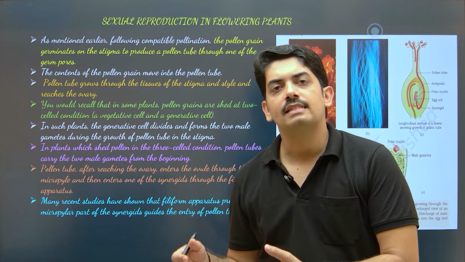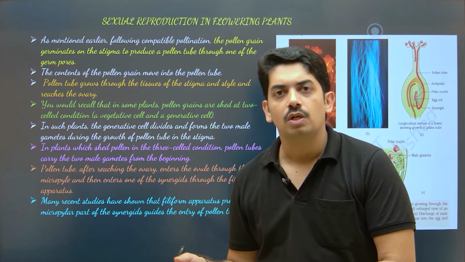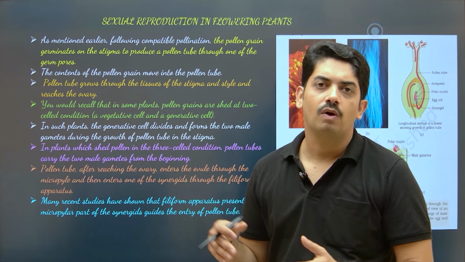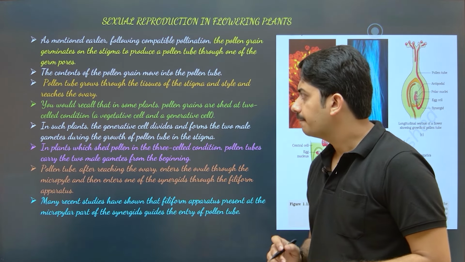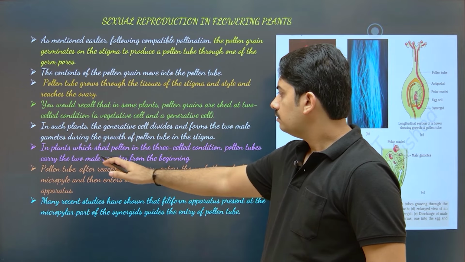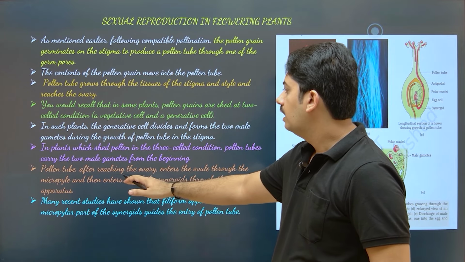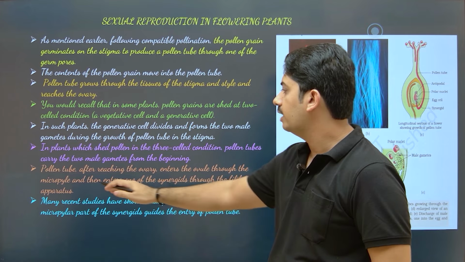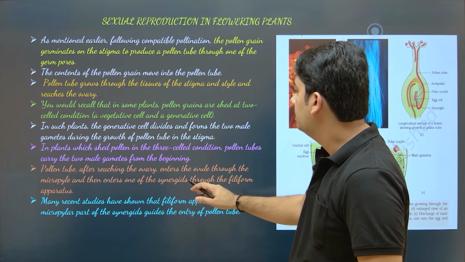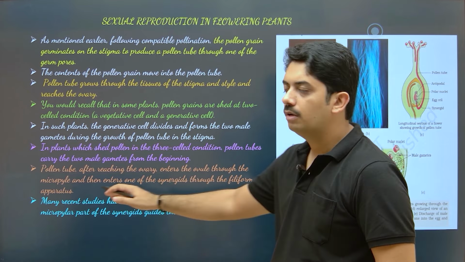When the pollen grains are released at the 3-cell stage, the 2 male gametes just follow the pollen tube and reach the embryo sac. Now the pollen tube, after reaching the ovary, enters the ovule through the micropyle and enters the synergids through the filiform apparatus.